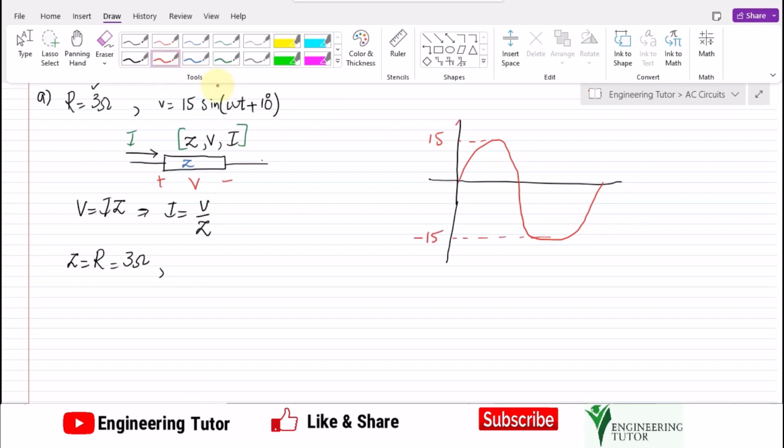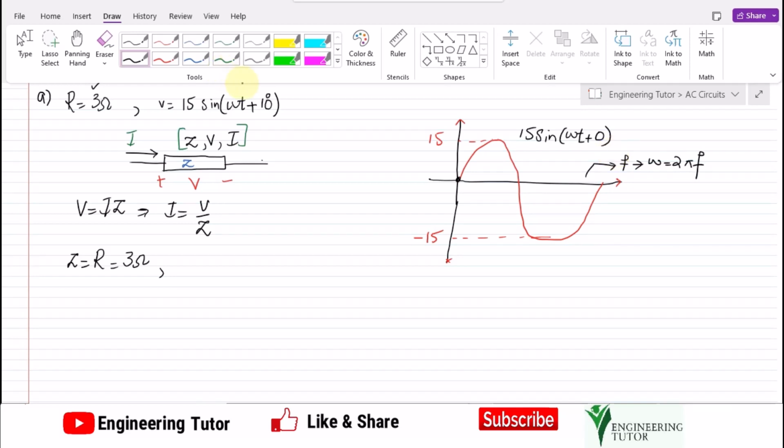That is the amplitude axis, while this is the time axis. So this is the voltage waveform, 15 sine of omega t plus 0 degrees, because it is the pure waveform starting from 0, with the frequency equal to f, such that f is converted into 2 pi f.